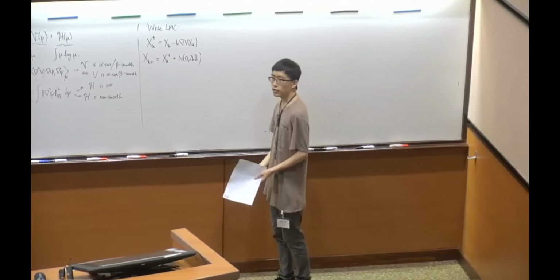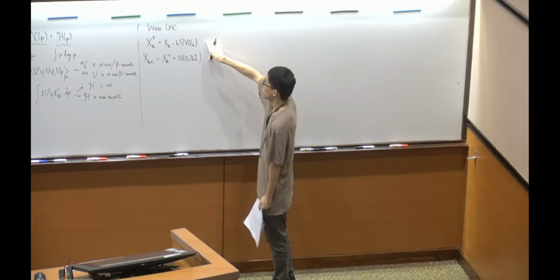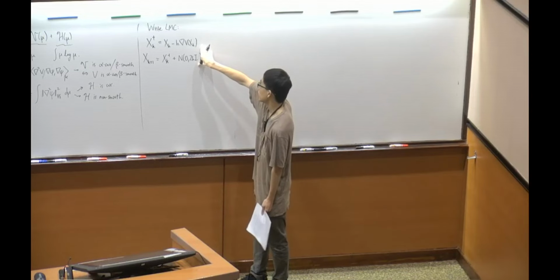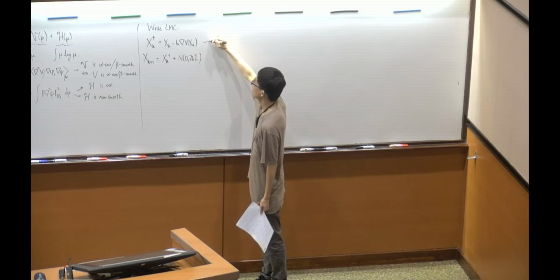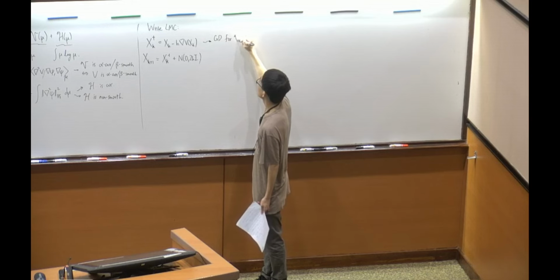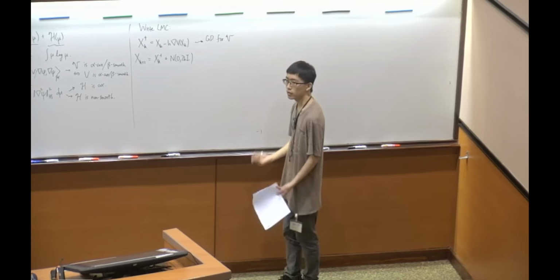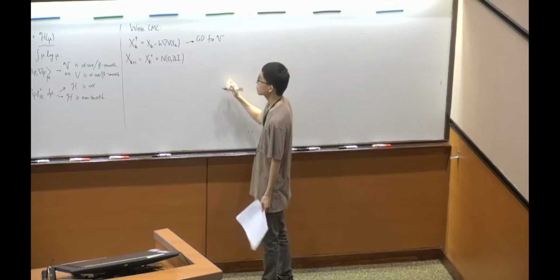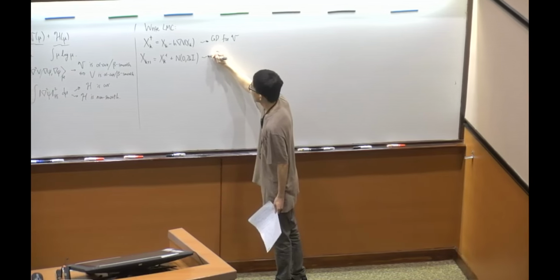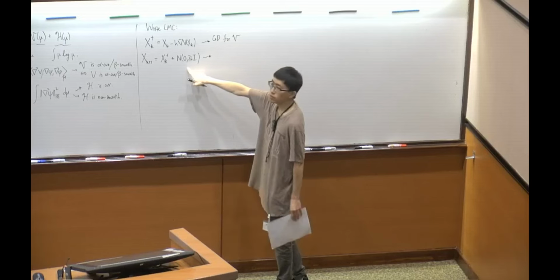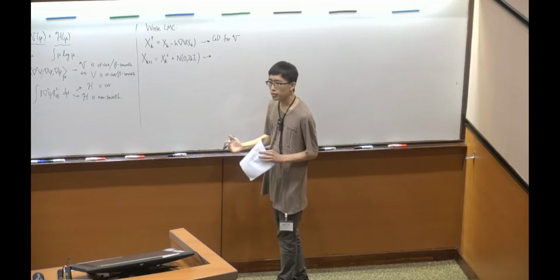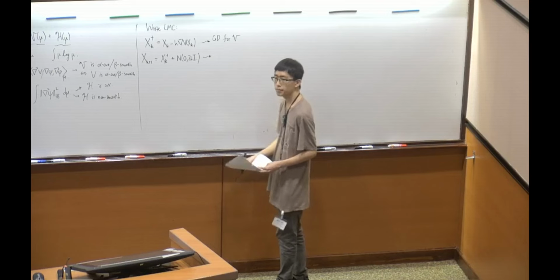Okay, the reason why I write it in this way is that from this perspective, you can interpret LMC as a splitting scheme. This first step turns out to be exactly gradient descent for this potential energy functional V over the Wasserstein space. Whereas the second part, when I add a Gaussian vector, adding a Gaussian is the same thing as running the heat flow.